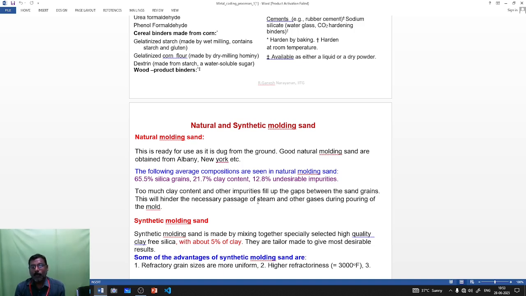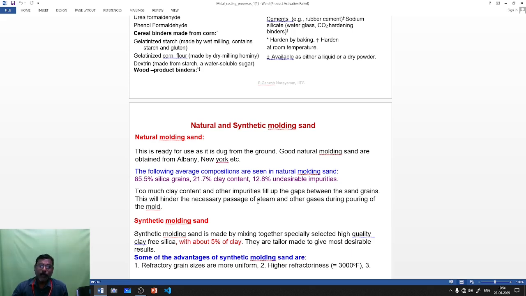Good natural molding sands are obtained from new work, etc. The following average composition is found in natural molding sand: 65.5% silica grains, then 21.7% clay content, etc. Too much clay content or other impurities fill up the gaps between the sand grains. This will hinder the necessary passage of steam and other gases during curing of the mold.